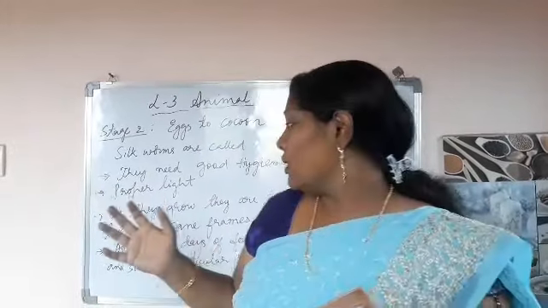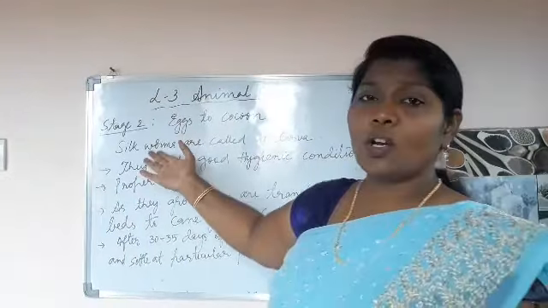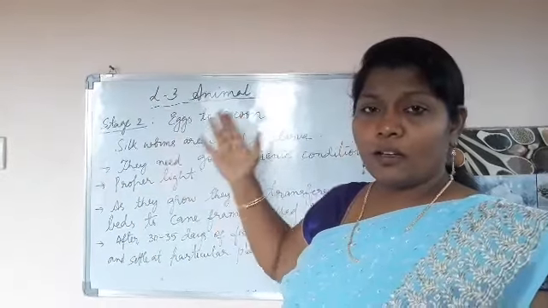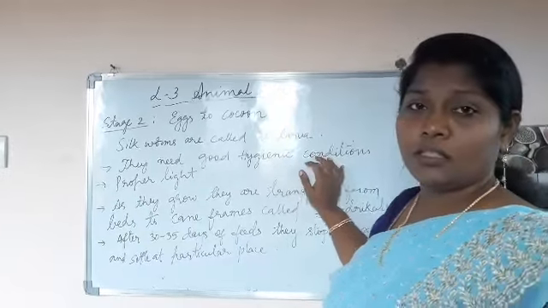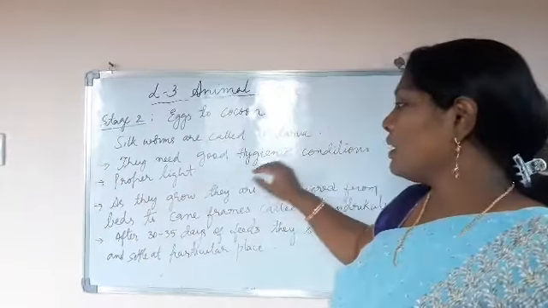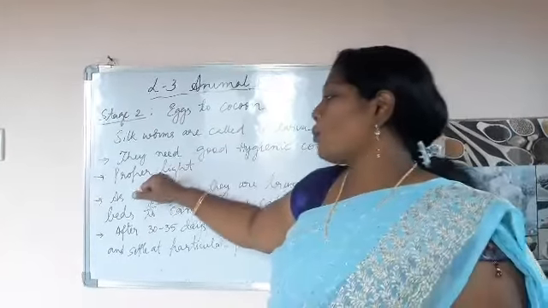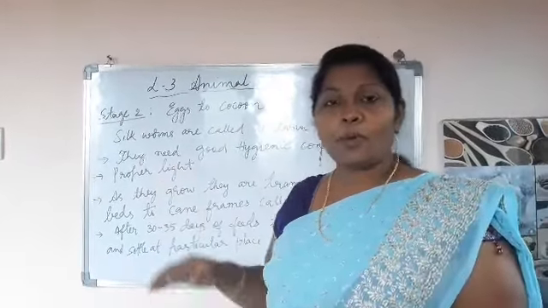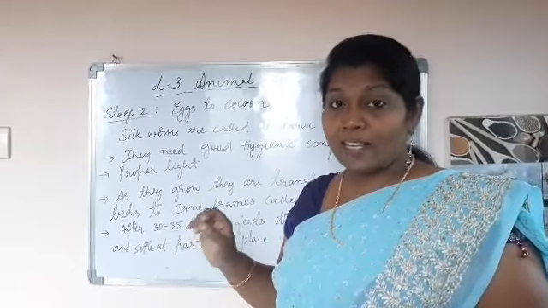They grow these silkworms in good hygienic conditions. To have proper growth, they have to maintain good hygienic conditions and also proper light, so that the silkworms grow very healthily.